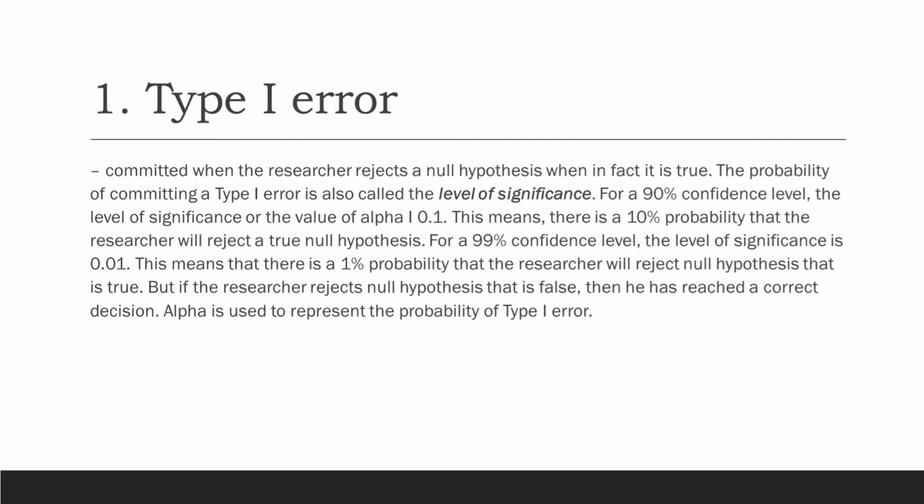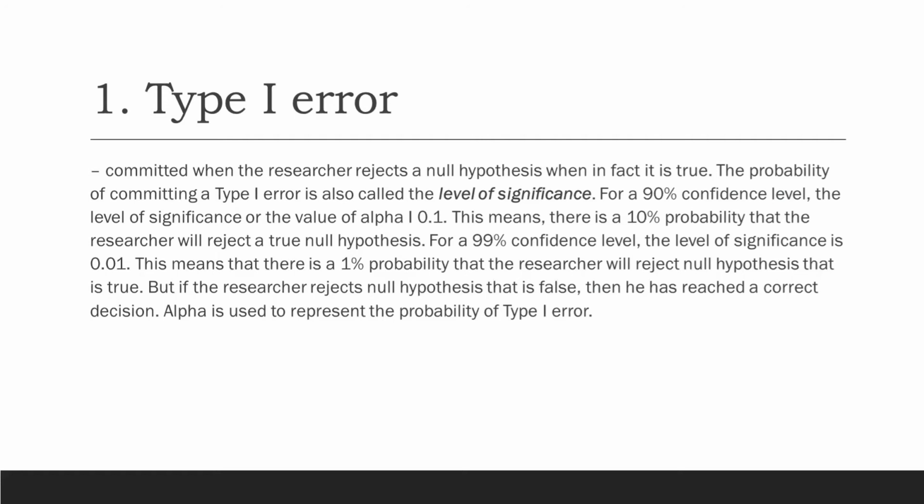This means that there is a 10% probability that the researcher will reject a true null hypothesis. So for a 99% confidence level, the level of significance is 0.01, and this means that there is a 1% probability that the researcher will reject a null hypothesis that is true.